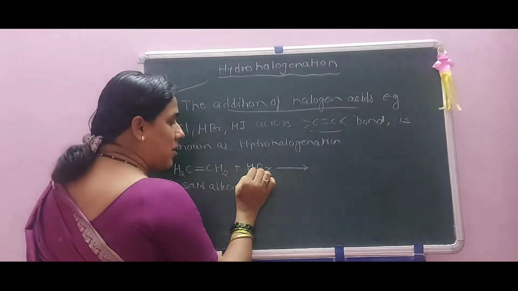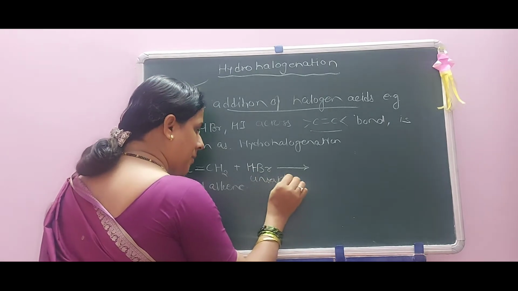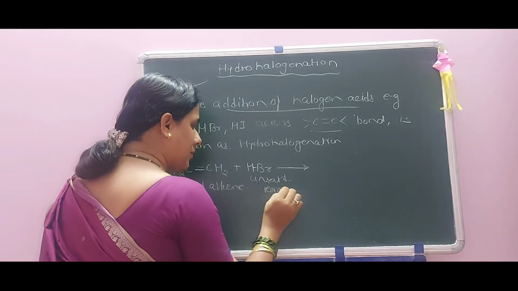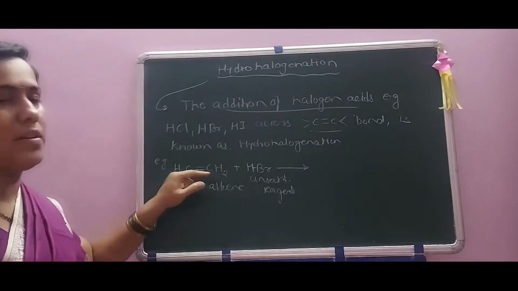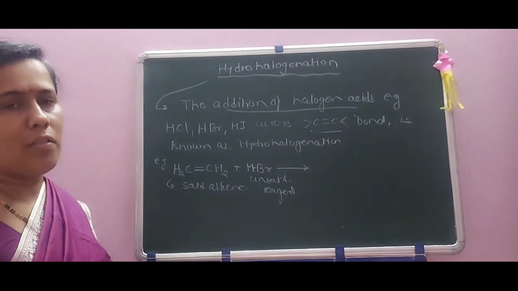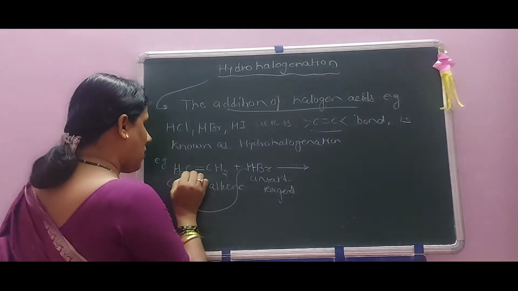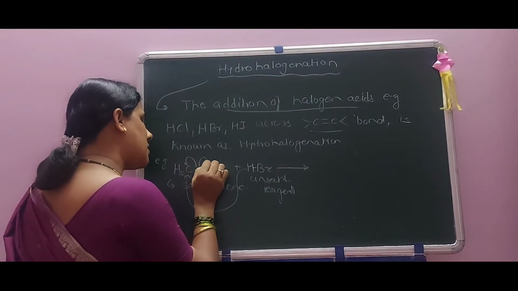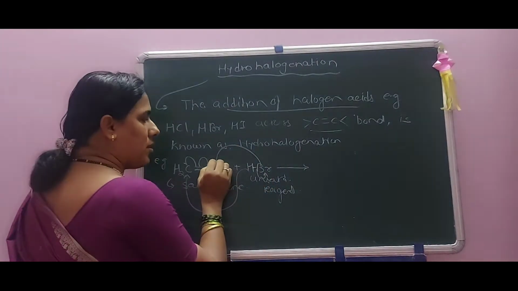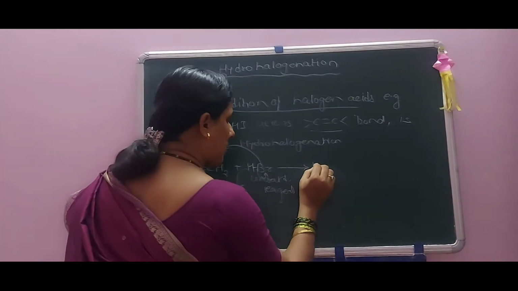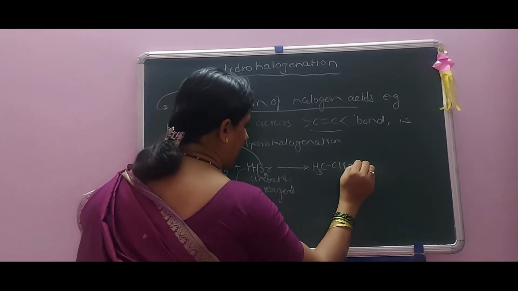Therefore, the addition of an unsaturated reagent to a carbon-carbon double bond, in either position, doesn't affect the product. If we add this HBr across the double bond, H adds on one carbon and Br on the other. The product formed is CH3 CH2 Br.